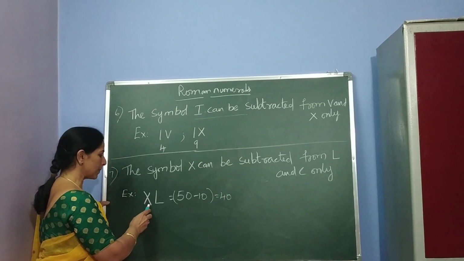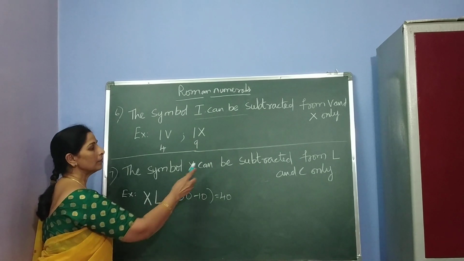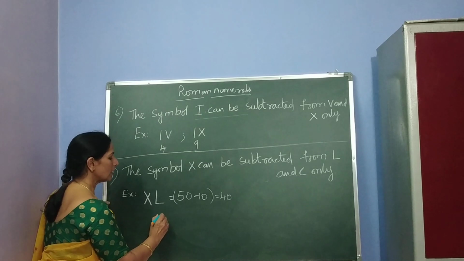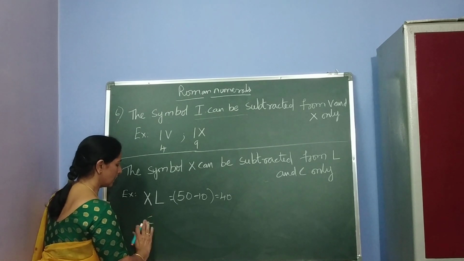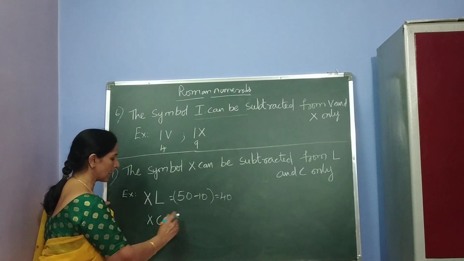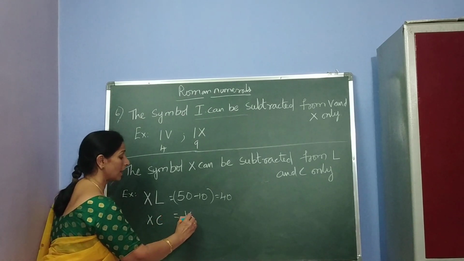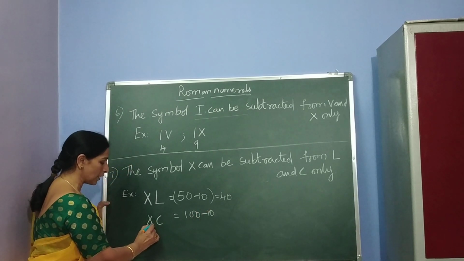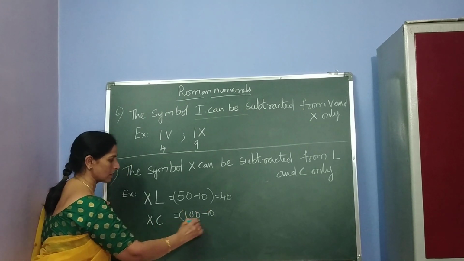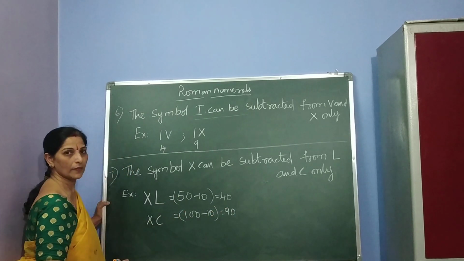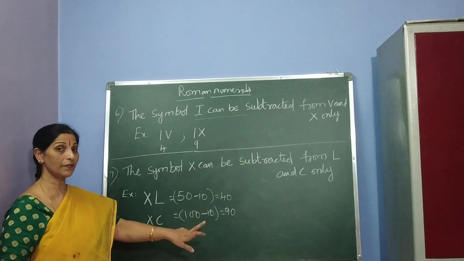So X can be subtracted from L and C. Now let's take the C. XC. What is the value for C, children? 100 minus 10. The smaller value is written to the left. We should subtract. What does it give? 90.